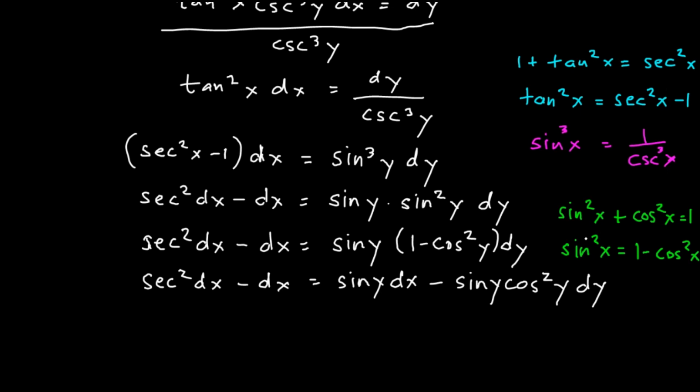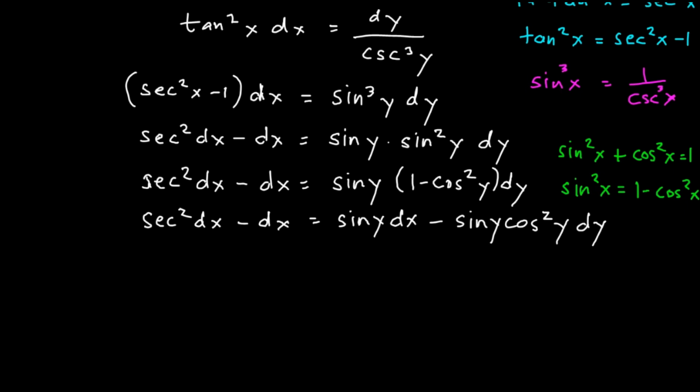So, pagdating sa part na to, pwede na tayong mag-integrate. Gawin lang natin. So, what is the integral of secant squared dx? That is tangent x. Then, integral of dx is x equals the integral of sine y dy, sorry. So, the integral of sine y dy is negative cosine y.